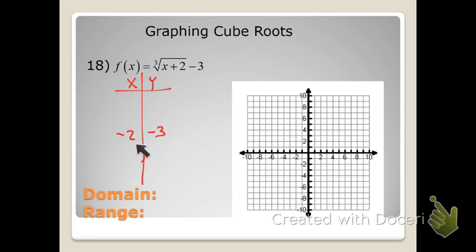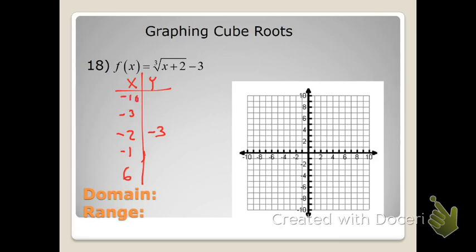And then, look up on the screen, negative 2 plus 1, negative 1. Negative 2 plus 8, 6. Negative 2 minus 1, negative 3. Negative 2 minus 8, negative 10.